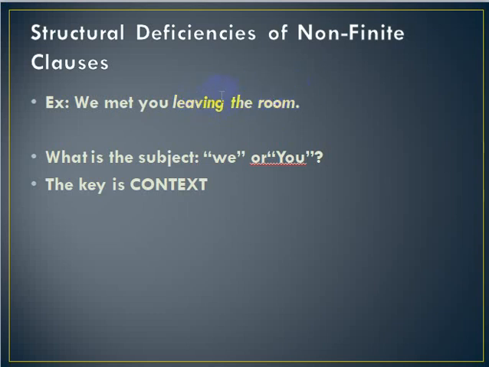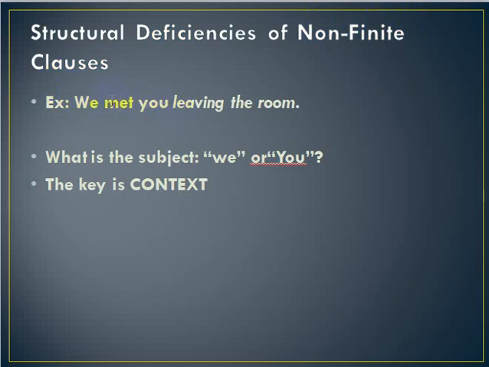And here the non-finite clause is ambiguous. Why? Because we cannot designate the subject. Sometimes we can designate the verb because of the form of the verb, which has the non-finite addition, but often we cannot easily specify the subject. Now, what kind of subject? Here we have we and you.